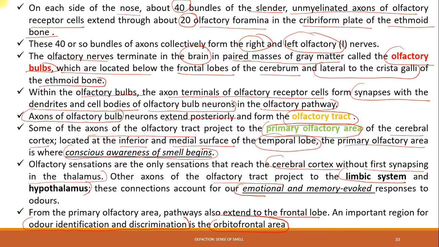How can you identify 10,000 different odors? It is because of information stored in the frontal lobe, and which part of the frontal lobe? The orbitofrontal area. That's how you can distinguish between two closely related odors.